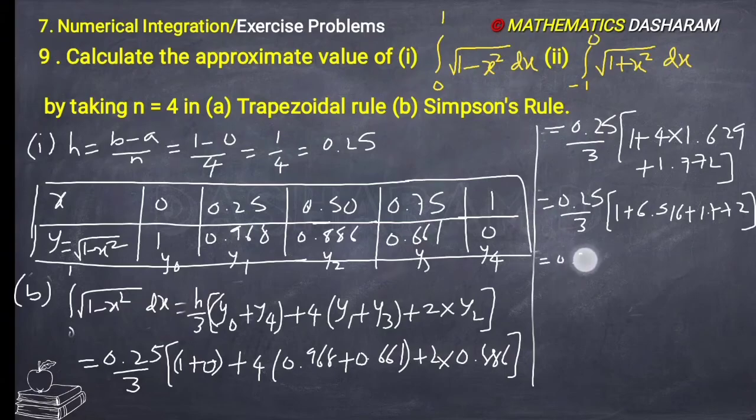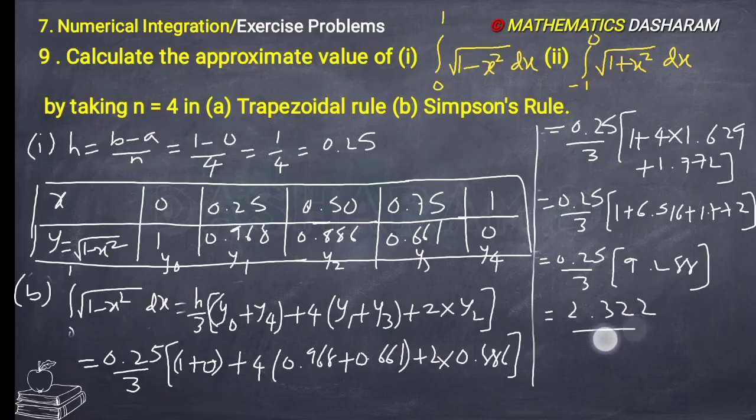It is equals to 0.25 divided by 3. The addition of these three numbers is 9.288 and 0.25 into 9.288 is 2.322 by 3. So it is equals to 0.774 is our required answer.